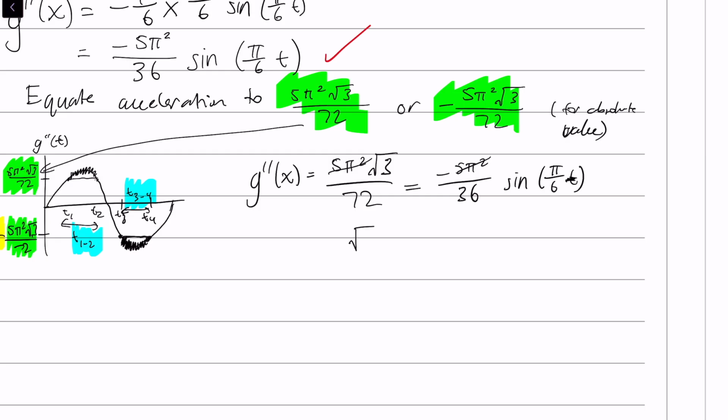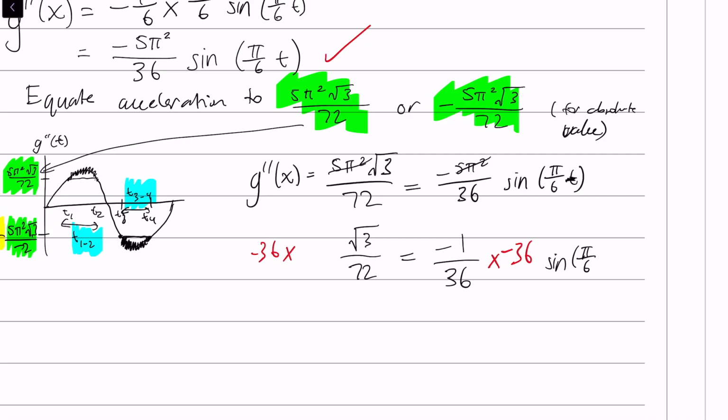So I'm left with square root 3 on 72 equals -1, remember that negative, over 36. I would probably times by -36 on both sides now. So that will give me just 1 here then.